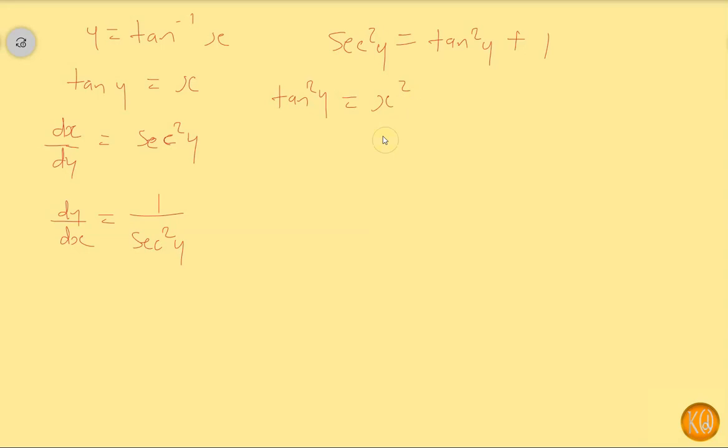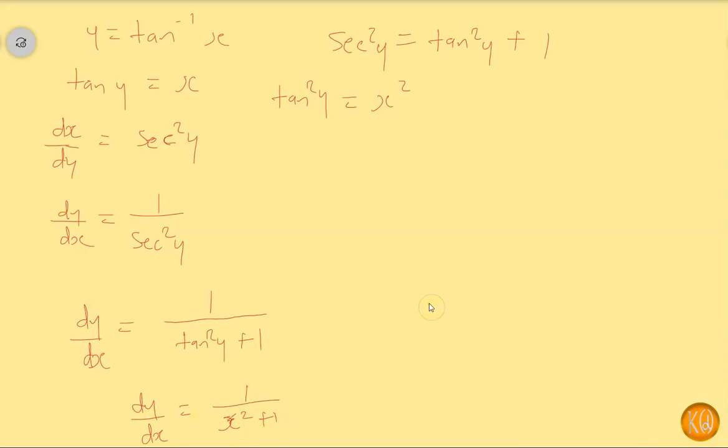So therefore we can replace tan squared y here with x squared and plug it down here. So dy by dx would be equal to 1 upon tan squared y plus 1, but tan squared y is equal to x squared, so therefore dy by dx is equal to 1 upon x squared plus 1.